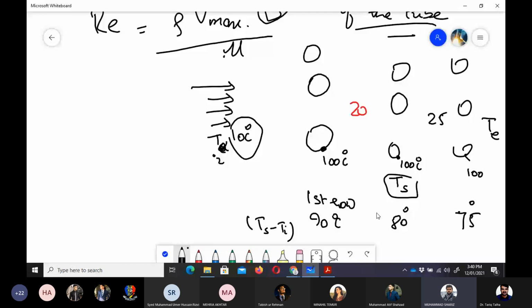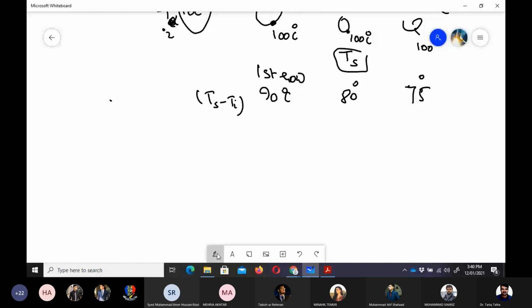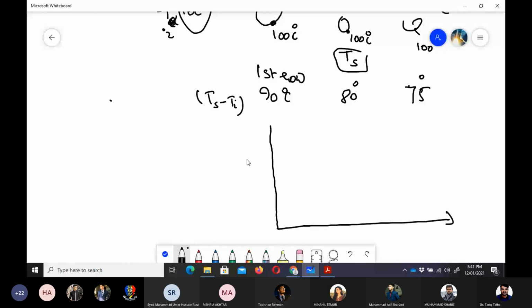Okay, so let me draw it here on a diagram. This is temperature. This was Ts, which is 100 degrees.